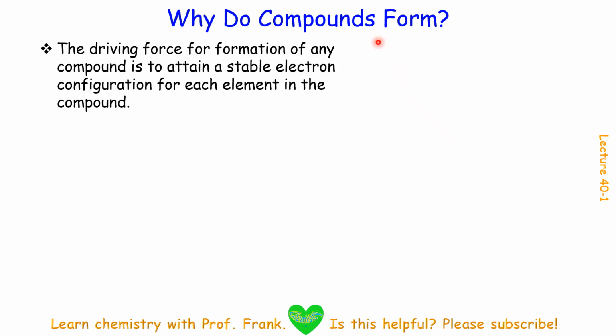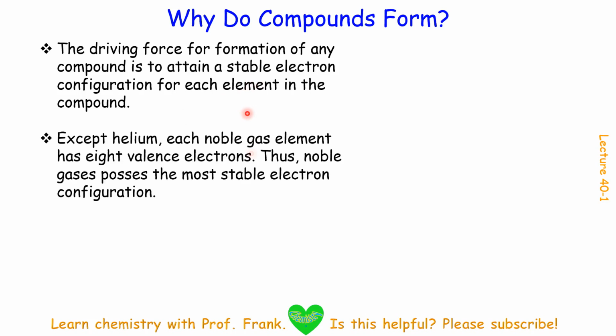The driving force for formation of compounds is to attain a stable electron configuration for each element in the compound. Except helium, all other noble gas elements have 8 valence electrons. Therefore, noble gases possess the most stable electron configuration.